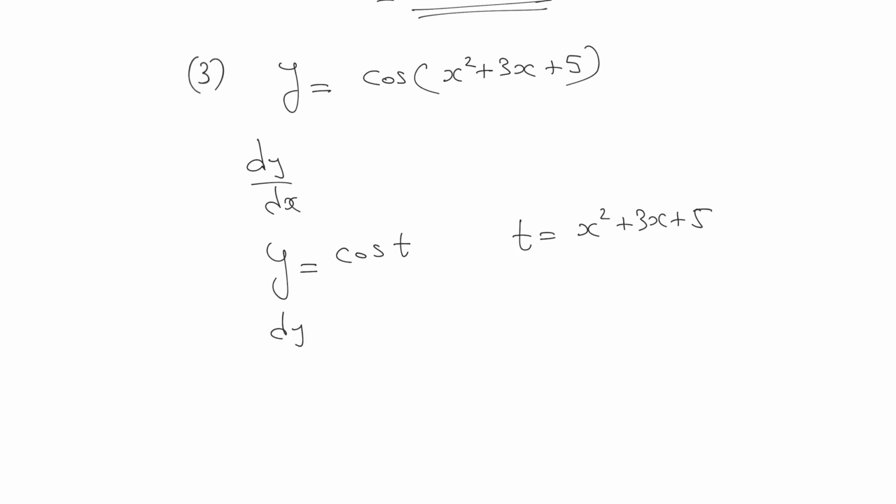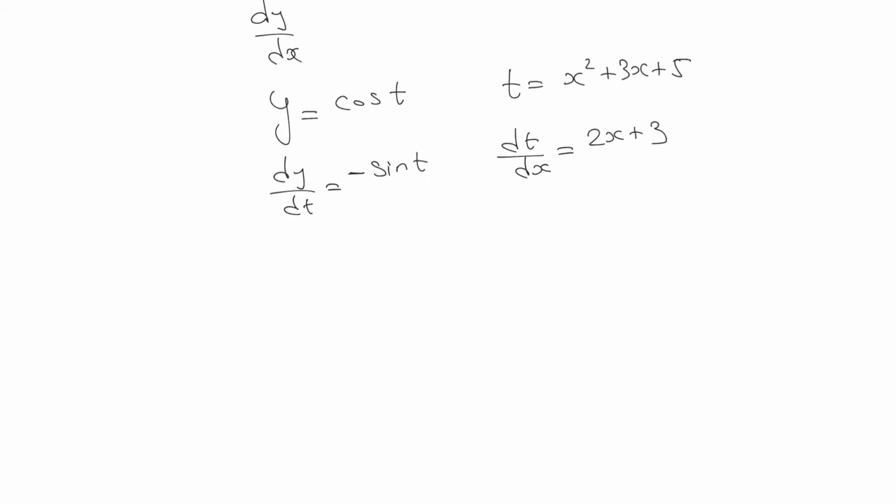Now we'll find the value of dy by dt. Differentiation of cos t is minus sine t. And differentiation of t with respect to x, which is dt by dx, is equal to 2x plus 3. Now we can find by chain rule the value of dy by dx is equal to dy by dt into dt by dx.